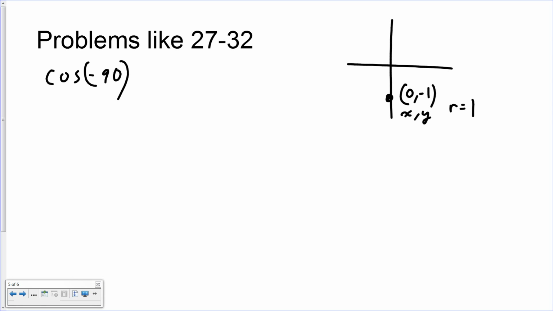Cosine is the same thing as x over r. X is equal to 0, and therefore, it's just going to be 0 over 1, which is equal to 0. Cosine of negative 90 is 0. For that reason, you could also do the same thing up above, and you'd get 0 as well, because it would be 0 over 1 as well.